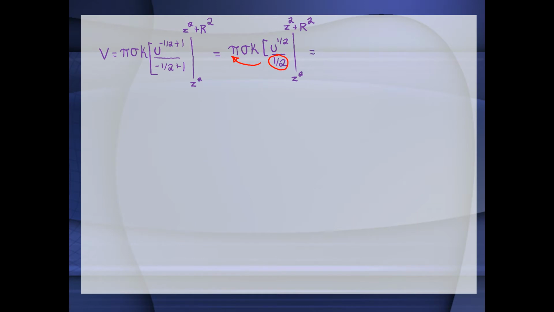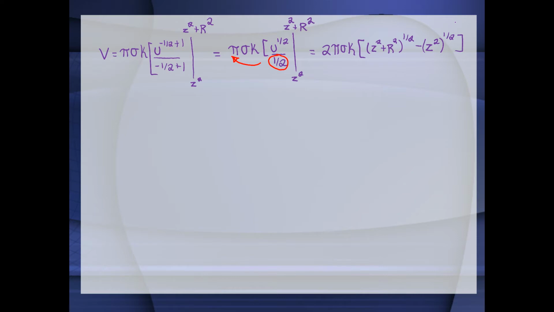So this would be equal to 2 pi sigma k. Then let's plug this in: z squared plus r squared to the power of 1/2, minus z squared to the power of 1/2.